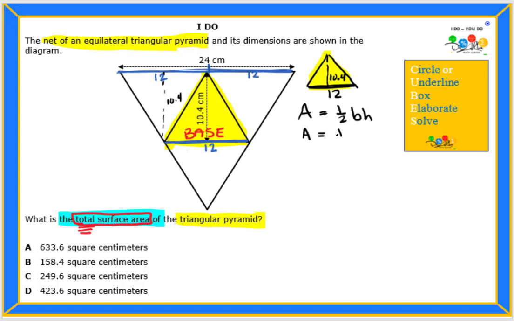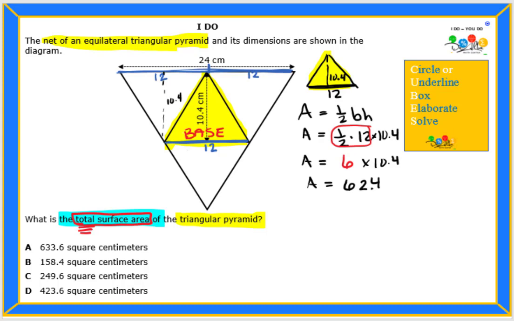So the area is half of 12 times 10.4. So half of 12 is 6 times 10.4. The area is 62.4.